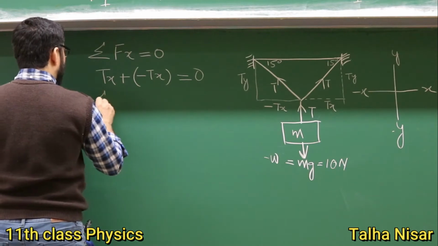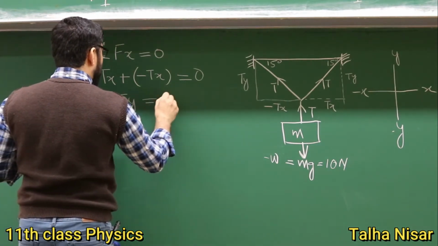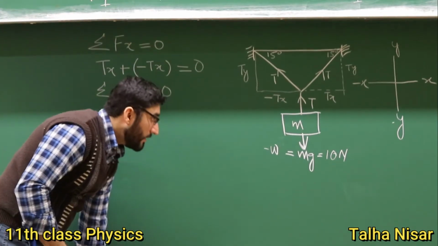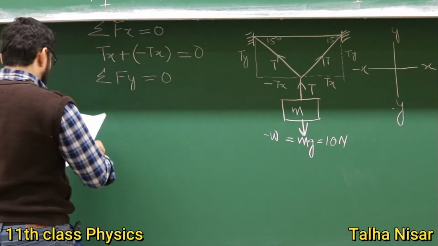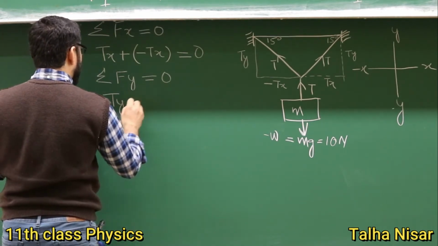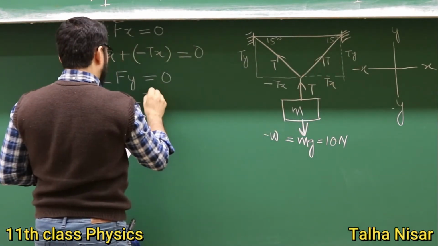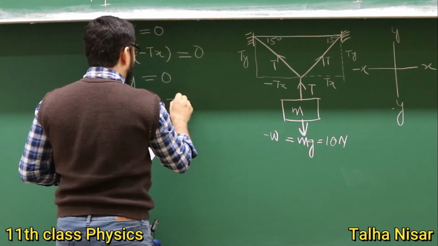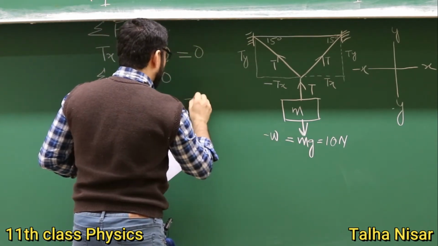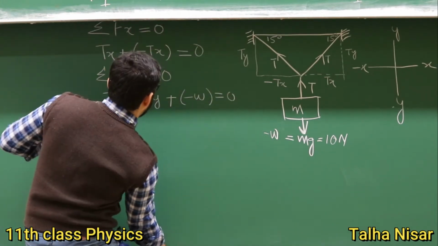And now we come to the y direction. This must also be 0 according to the first condition of equilibrium. So in the y direction, we have Ty plus Ty, and then minus W, and this is 0.